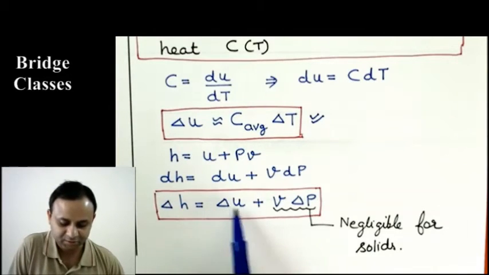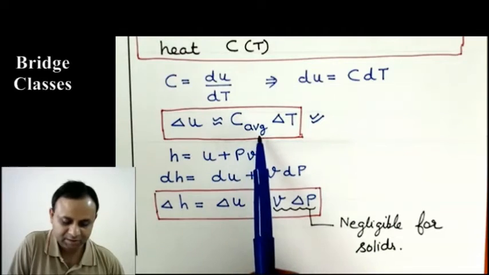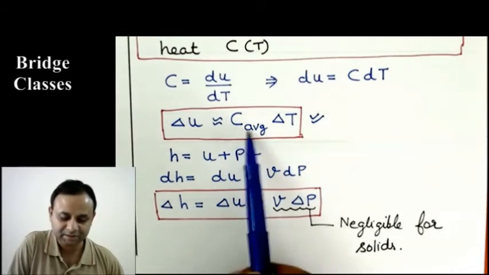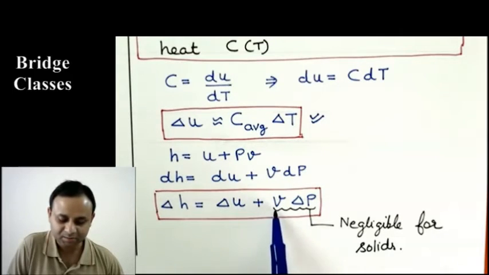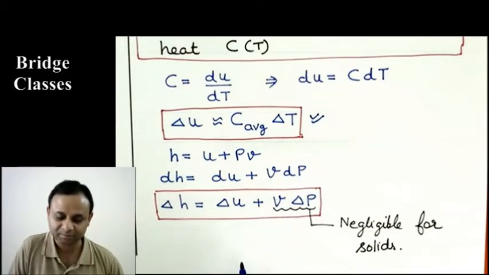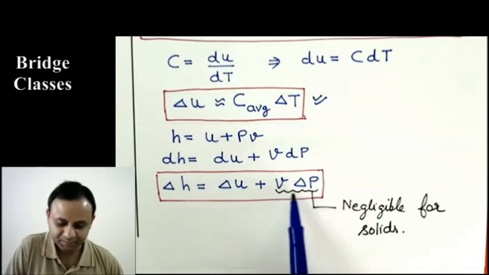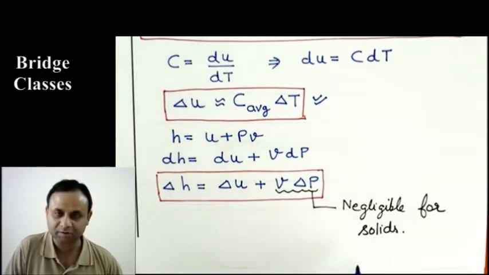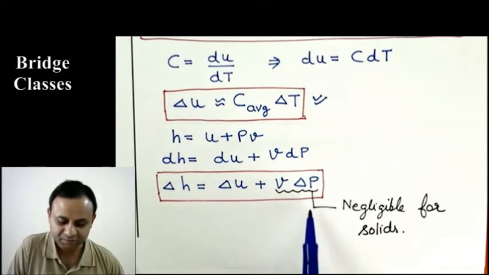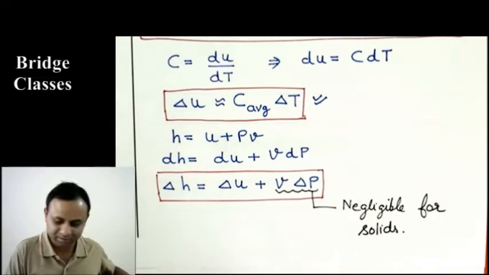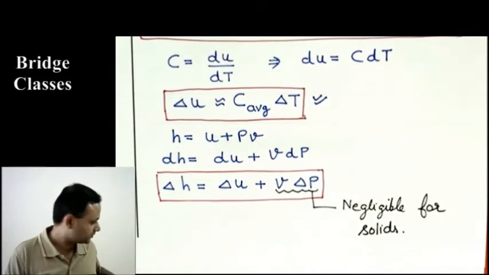It will be change in U, which will be C average delta T, or you just say C delta T, if the value of C is given, plus this term, V delta P. The effect of this V delta P term is negligible for solids. For solids, we just neglect this term. For liquids, we may have to consider this. For liquids, there are various possibilities. Let me indicate those.